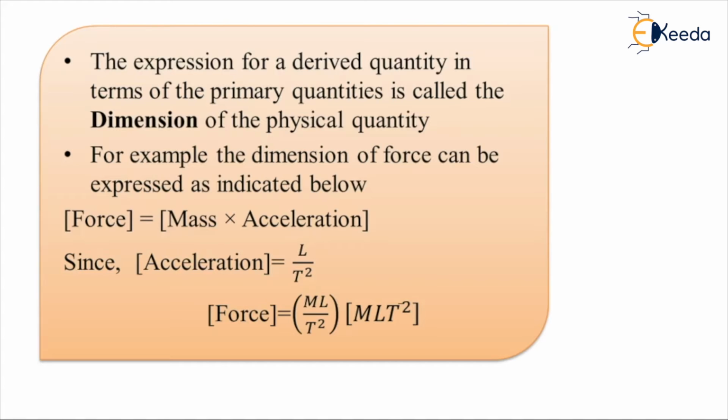The formula for acceleration is meter per second square, which is its unit. We will represent it in terms of length and time, L and T, which is L upon T square. This is our acceleration, and mass is denoted by capital M.